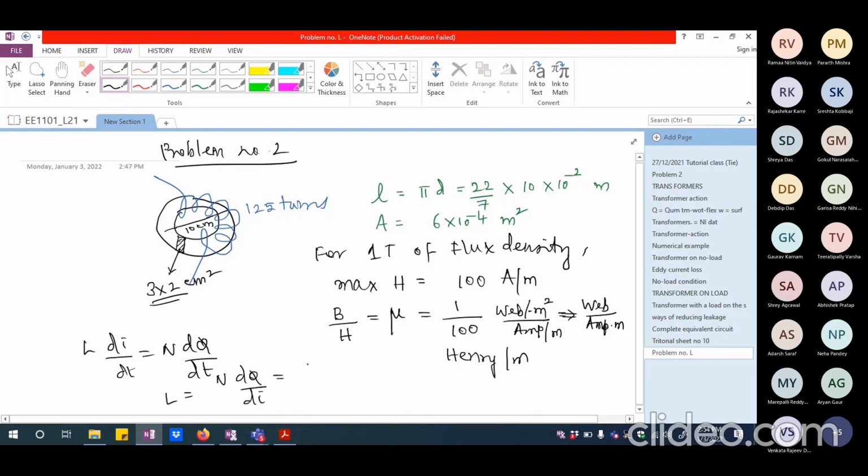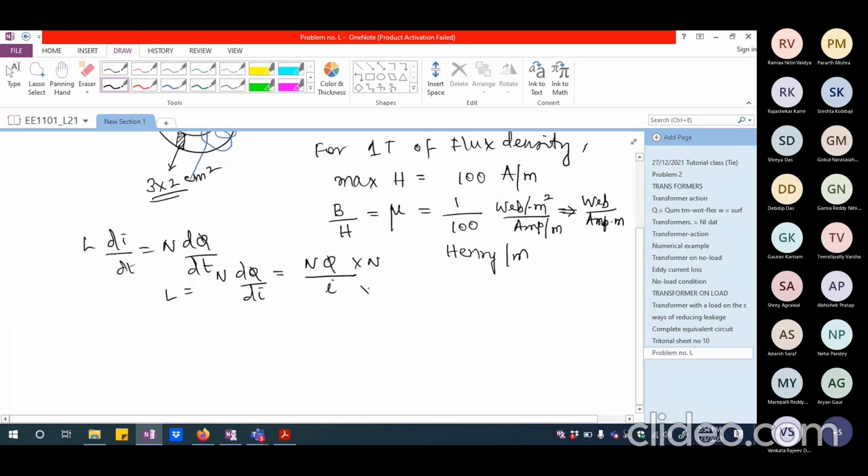Or I can write this as N phi divided by I. If I say linear relationship, then N phi by I. And if I multiply this by N and this by N, this gives me MMF, and this gives me flux.